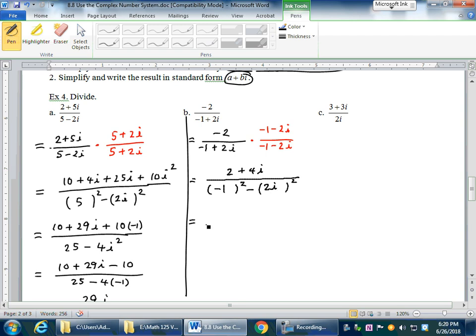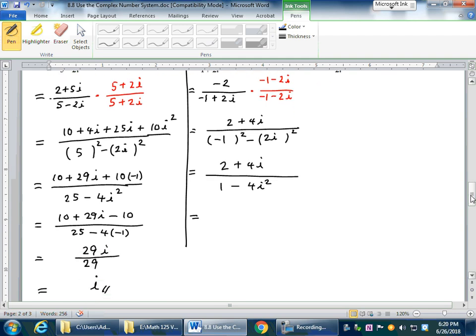This gives me 2 plus 4i over 1 minus 4i squared, which is 2 plus 4i over 1 minus 4 times negative 1. That is 2 plus 4i over 5.